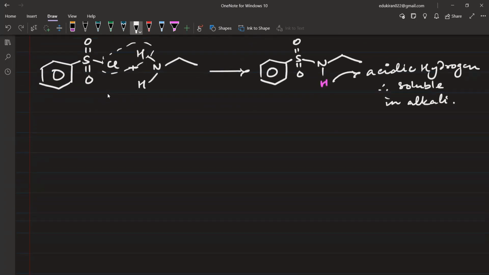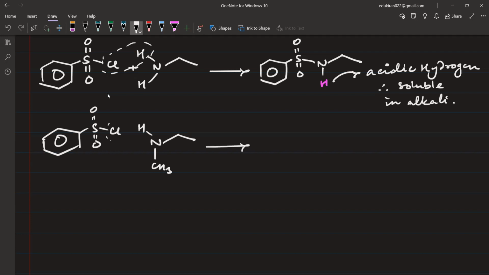Now, if I look at the 2 degree amine, I have nitrogen. There are two alkyl groups here, CH3 and the ethyl group, and here we have a hydrogen atom. Now the reaction will still take place, this hydrogen and chlorine will get together.